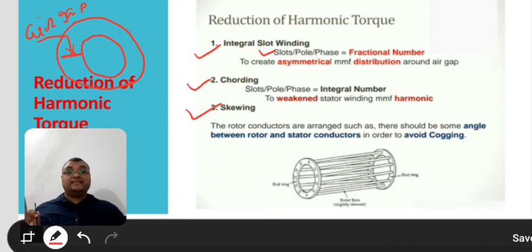And there is one more thumb rule when choosing the number of slots per pole per phase. It suggests that you calculate it roughly.